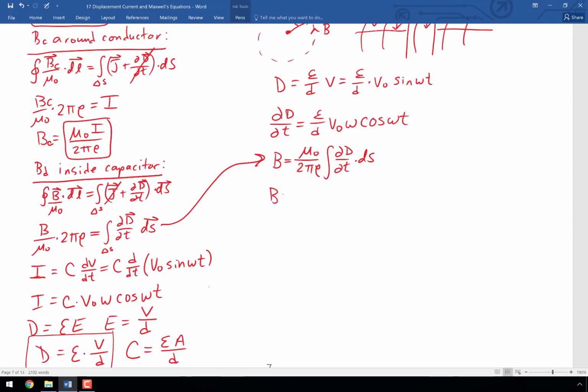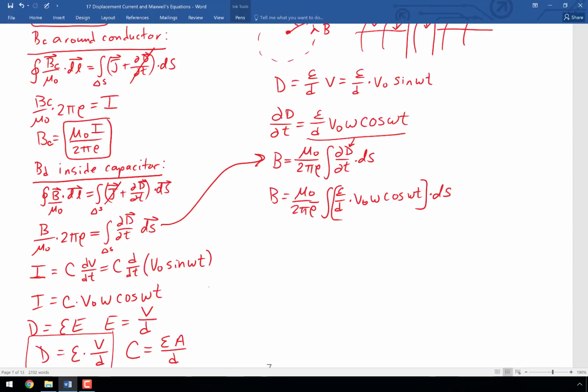Okay, so B is equal to mu sub 0 over 2 pi rho times the integral of, and I'm going to take this quantity and plug it right there. So epsilon over d times V sub 0 omega cosine of omega t, all of that is dotted with dS.